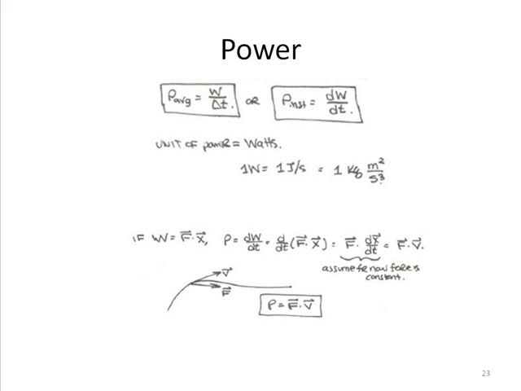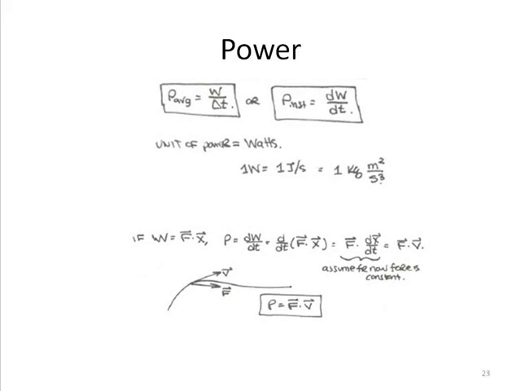Well, this also applies to vector quantities. When we have 2 vectors that we take the scalar product, it's the scalar product of the first with the derivative of the second plus the second scalar product with the derivative of the first. In this case, we have df dt dot x is the first term.